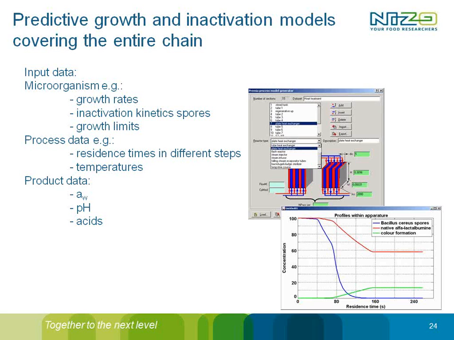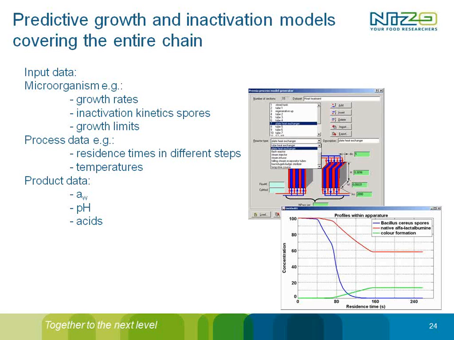Do you have a tube heat exchanger, a plate heat exchanger, a flash vessel? Are you having a heat treatment process in an evaporator? How many plates do you have? Are they parallel or in serial? What are the sizes, the dimensions, etc.? So you can really describe your process in detail.